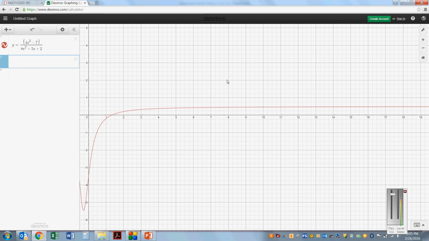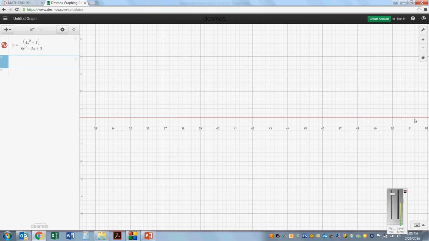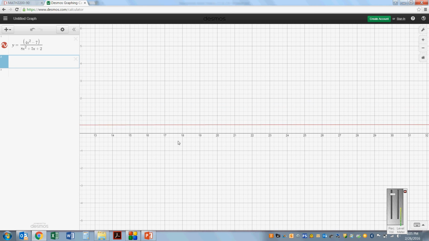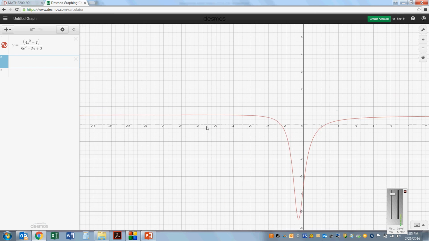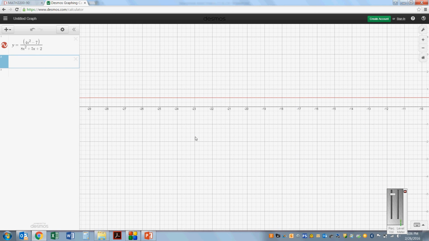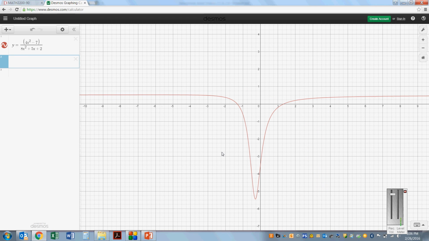It's just riding near 1/2 the entire time, in both the positive and negative infinity directions. So in both cases, that became my horizontal asymptote, which is what the limit really allowed us to prove.